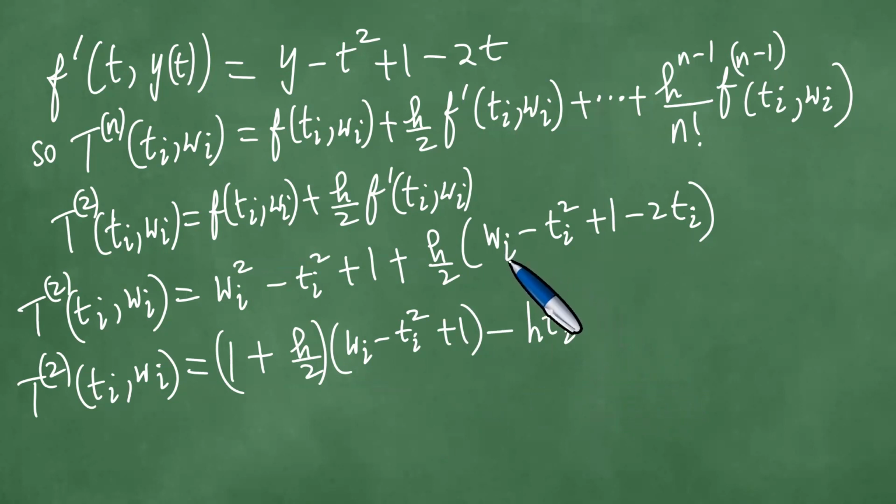Because the wi, for instance, here is h over 2. Let me see what we got here.